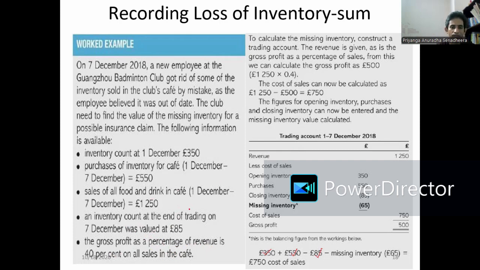1,250 into 40%. That is our gross profit. So we'll calculate the gross profit. We can say gross profit as a percentage of revenue.